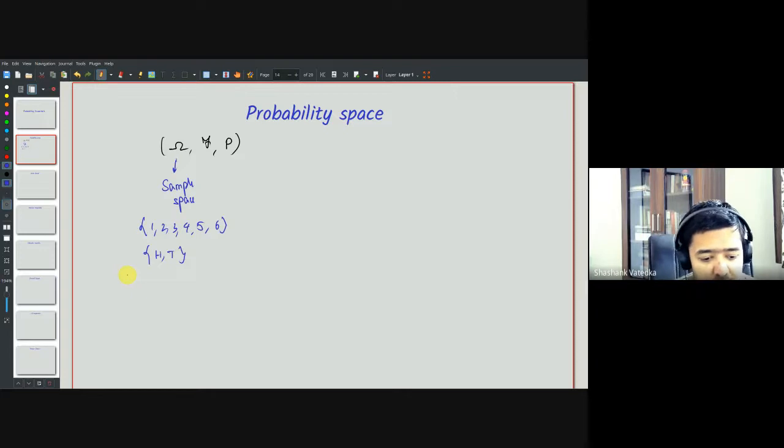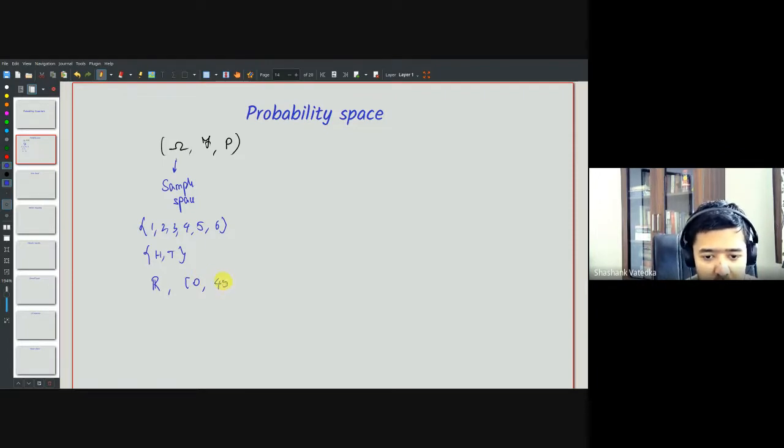Correct. But then one may also be interested in more complicated sample spaces. So for example, if you are measuring the temperature or measuring something which is a real number, then the potential sample space could be the set of all reals, or maybe some interval, right? If you're measuring the temperature, then maybe it can be any real number between, let's say, 0 degrees Celsius to, say, 45.